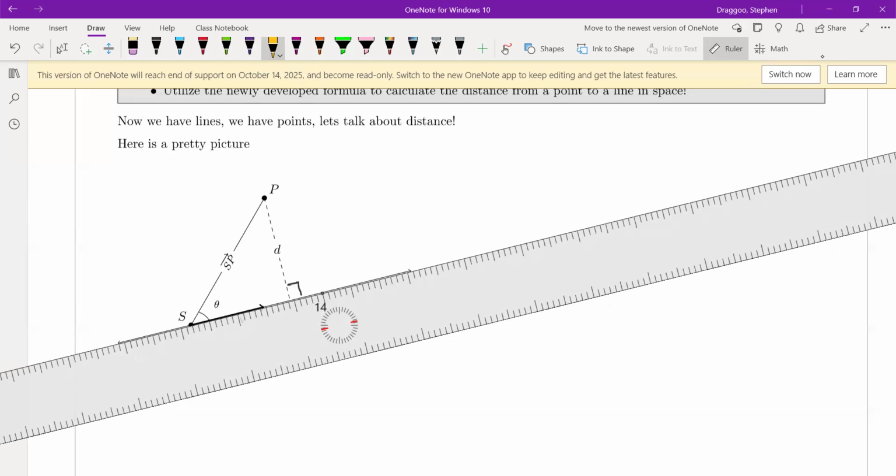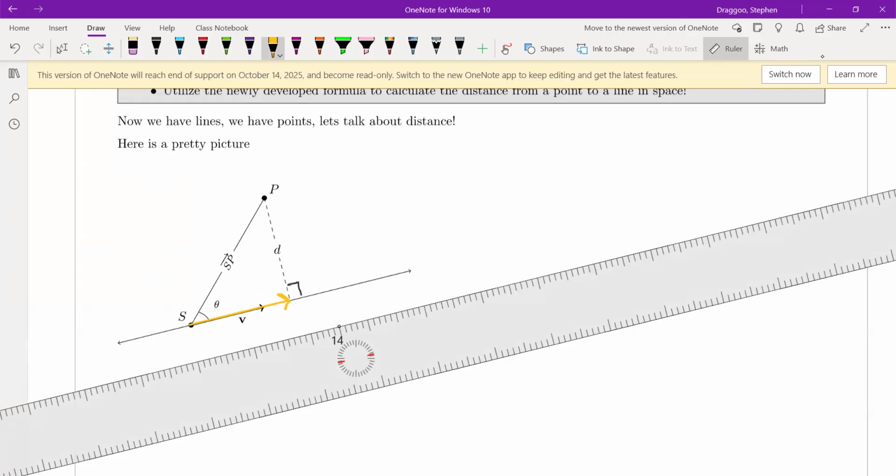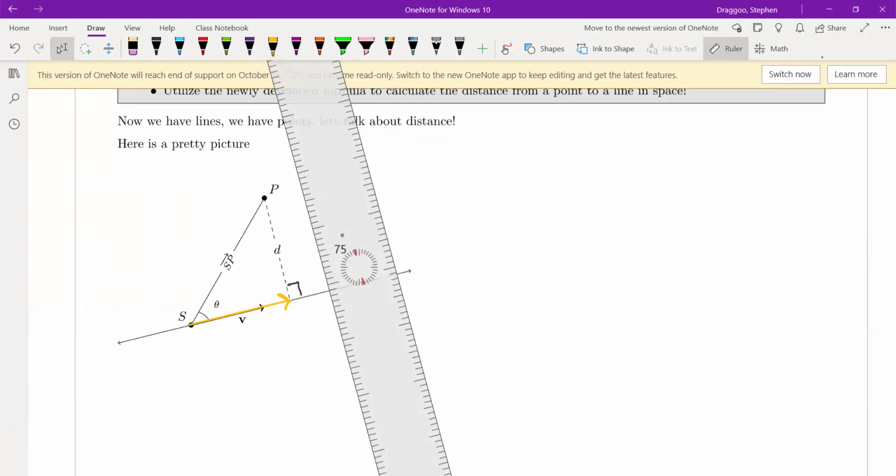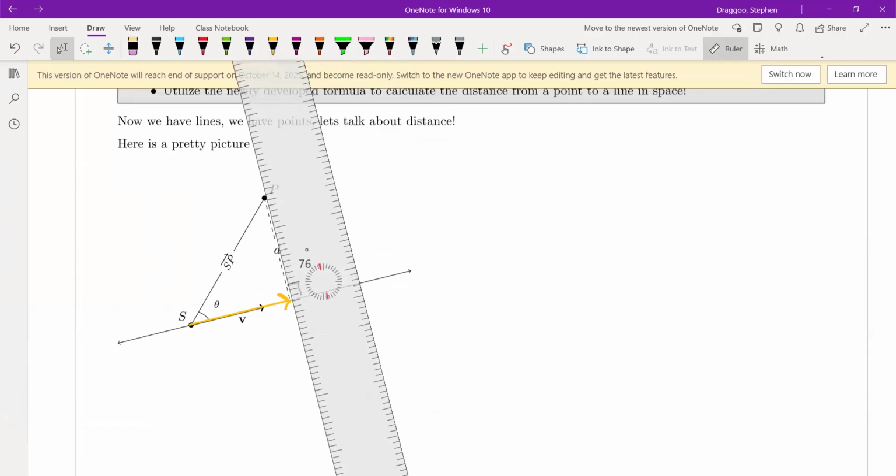If I draw in a yellow vector right here, switch this over to a 76-degree angle, draw in a pink vector right here.